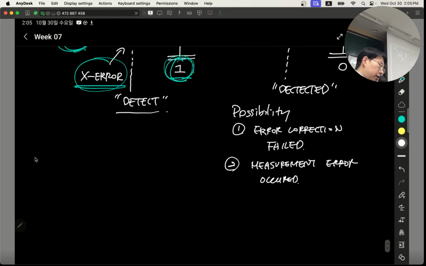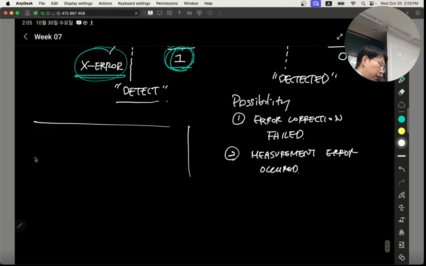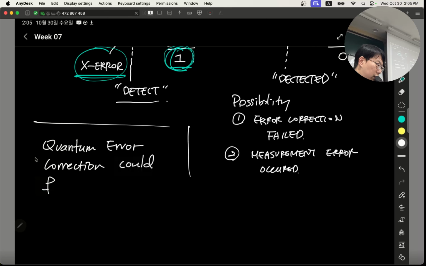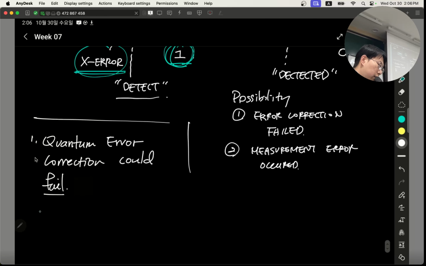So here's the thing I want to conclude. Before we go through lots of algorithms or schemes of error detection and quantum error correction, quantum error correction could fail. That's the first thing.